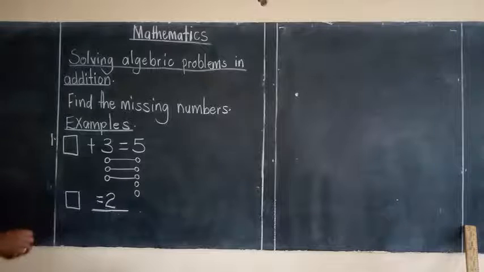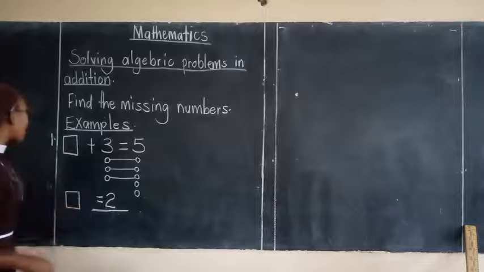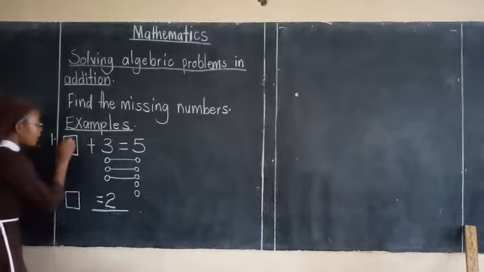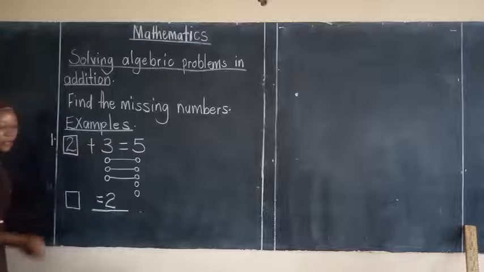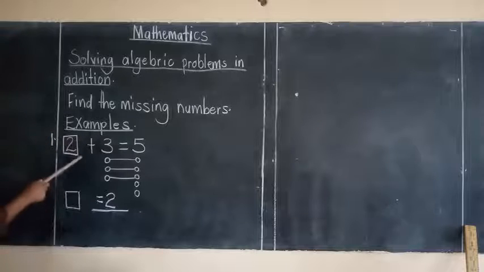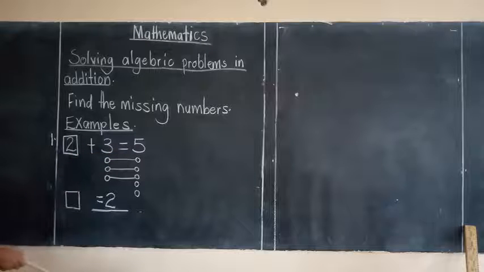So, which is the missing number? If box is equal to 2, we come up here and we write 2. And how will it be read? It will be read as 2 plus 3 equals 5.